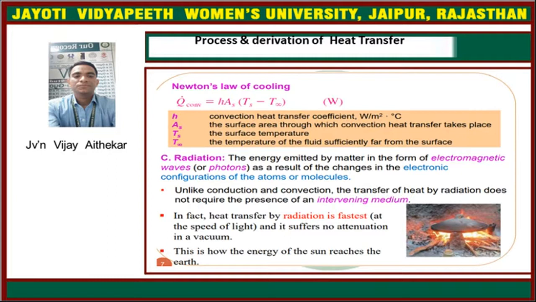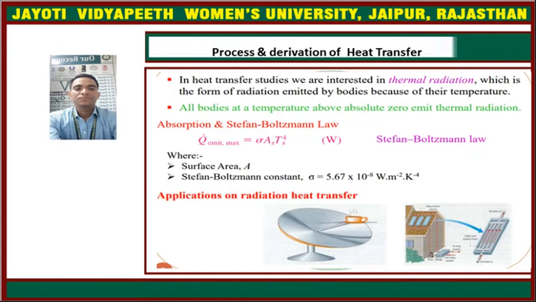Radiation: the energy emitted by matter in the form of electromagnetic waves is the result of changes in the electron configuration of atoms or molecules. Unlike conduction and convection, radiation heat transfer does not require a medium. We are interested in thermal radiation, which is the form of radiation emitted by bodies because of their temperature.